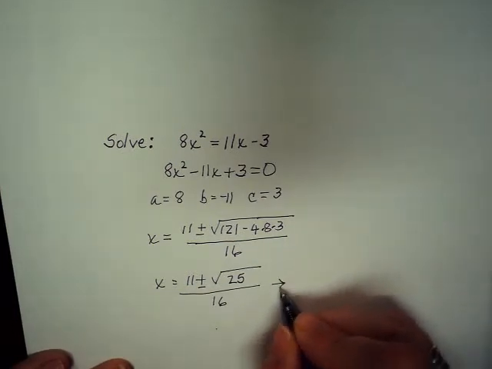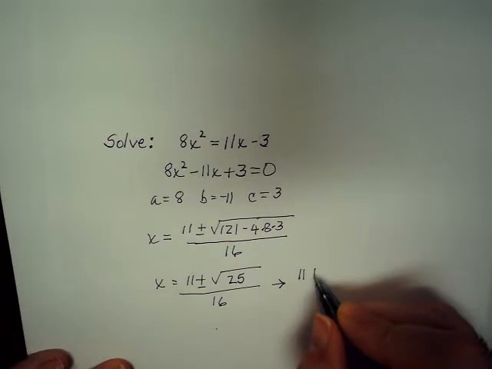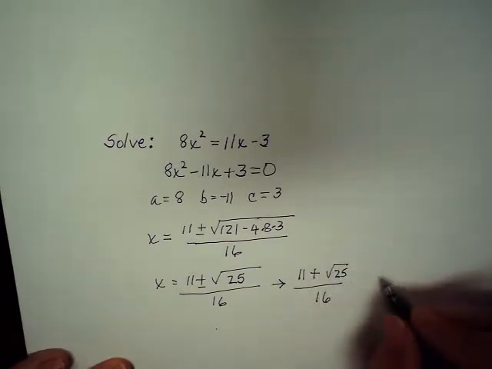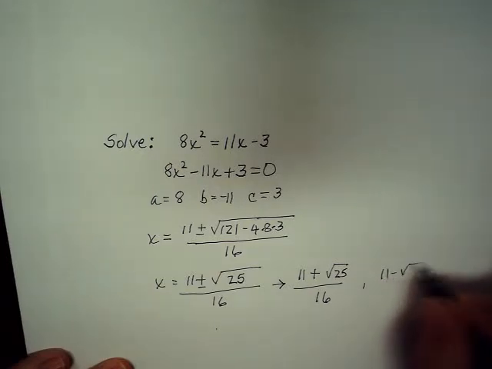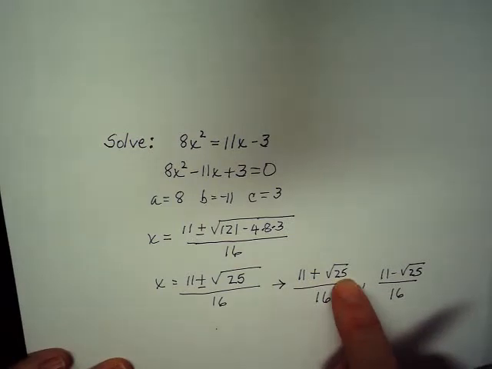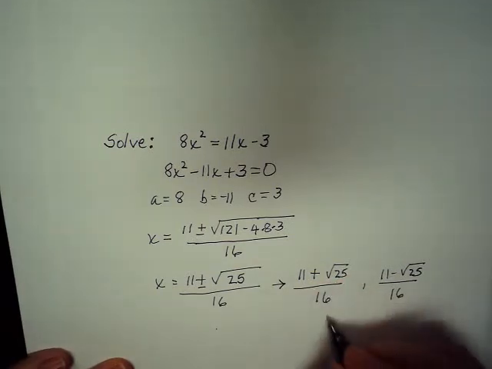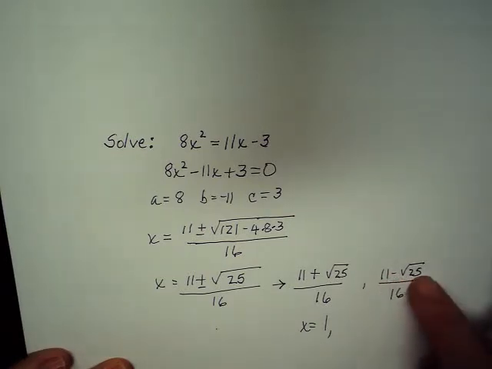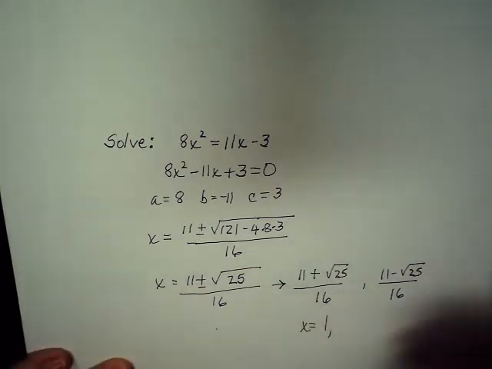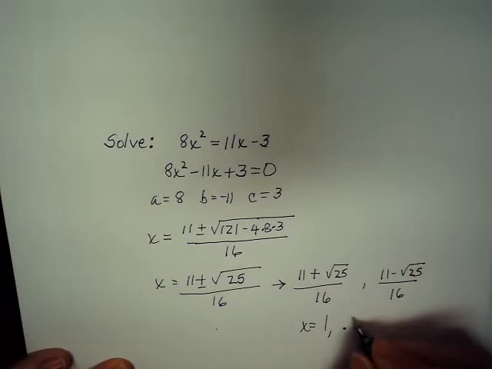So my two problems are going to be 11 plus the square root of 25 over 16, and then I'm going to do it again as 11 minus the square root of 25 over 16. So 11 plus 5 is 16, 16 divided by 16 is 1. So x is 1. And 11 minus 5 is 6. 6 divided by 16, you can either leave it in decimal form or as a fraction.